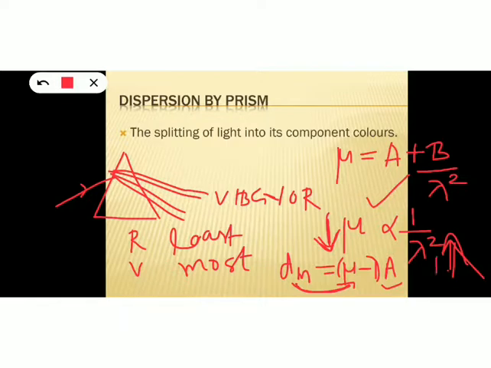So if wavelength is minimum, refractive index mu will be maximum and angle of deviation also will be maximum. So violet deviates the most and red deviates the least when white light enters the prism. So this is the cause for dispersion of white light: different colors have different wavelength.